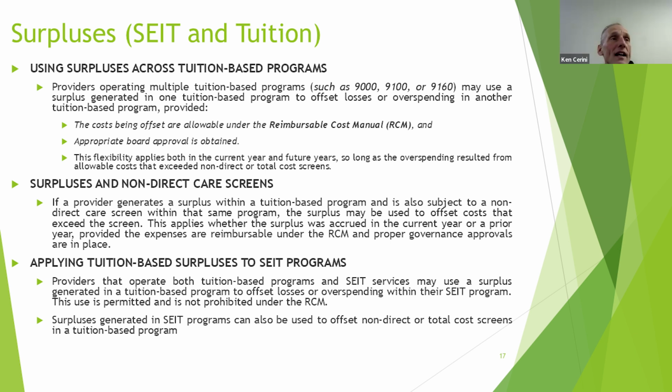So we've talked about the fact that we can use surpluses for non-direct care screens, and we can offset non-direct care screens. And again, we can use surpluses to cover CEIT program losses, and CEIT surpluses can be used to offset tuition-based losses.